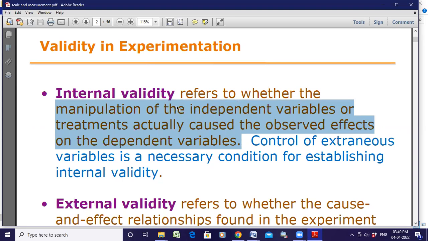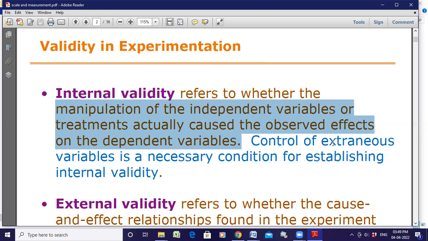So internal validity depends on the manipulation of the independent variable, meaning because of the manipulation, whether some change is being observed or not. On what? On the dependent variable. So that is internal validity. We want to check that particular change.